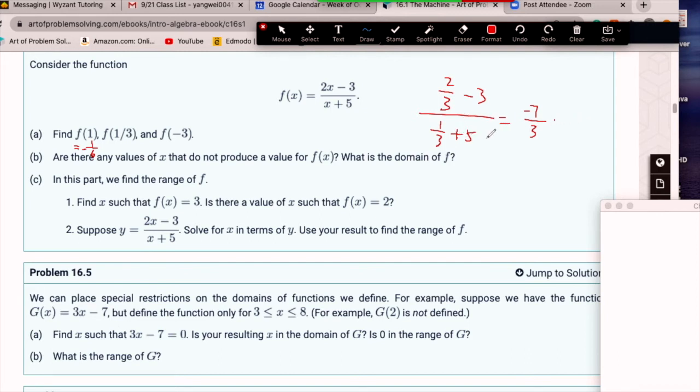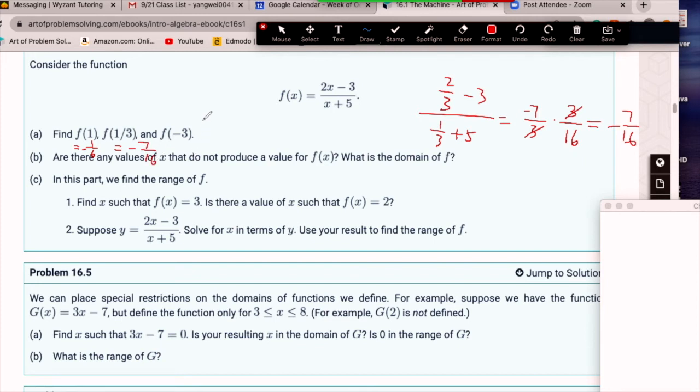When dividing a fraction, you change it to multiplication by the flip of this fraction, or the reciprocal. You divide by 16 over 3, so you change it to times 3 over 16. Then you cancel out the common factor and get negative 7 over 16. So this is the answer for f(1/3): negative 7 over 16.